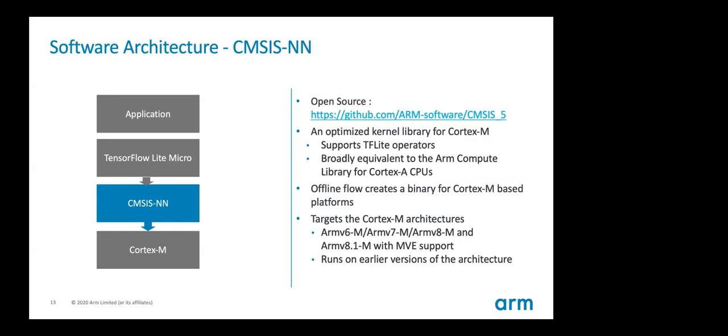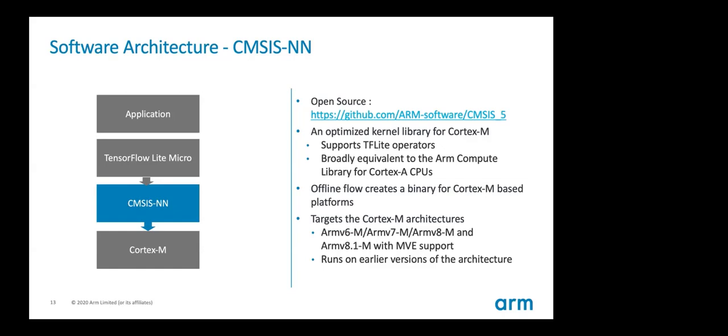It's a collection of efficient neural network kernels that are developed to maximize the performance and minimize the memory footprint of neural networks on Cortex-M processors. It targets the Cortex-M architectures, and there is support available for the different architectures.